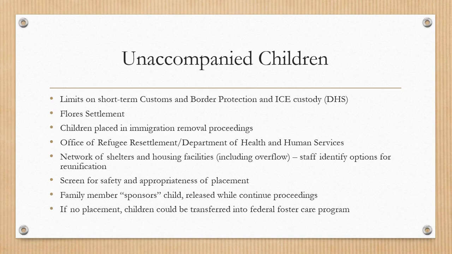So unaccompanied children refer to children who are apprehended by U.S. immigration enforcement authorities and who are found to be without a parent or guardian at the time of their arrest. So this is important because there is a separate, though connected, federal child welfare system that applies specifically to working with unaccompanied children.